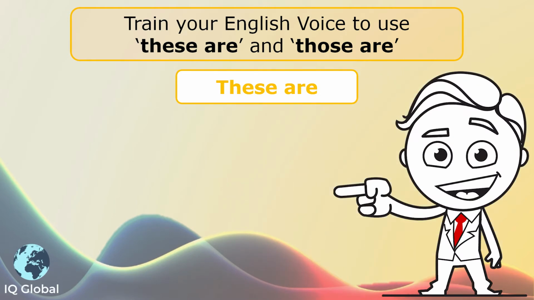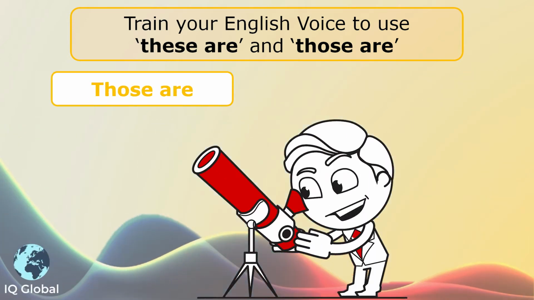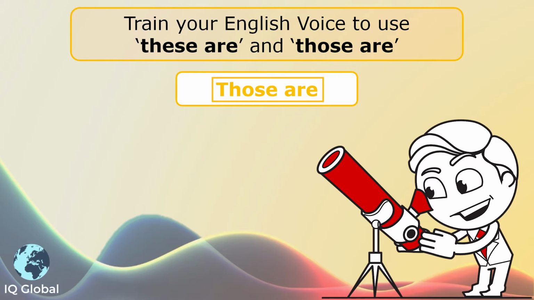We say these are if the objects are near. We say those are when the objects are far.